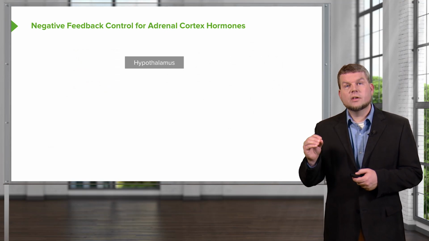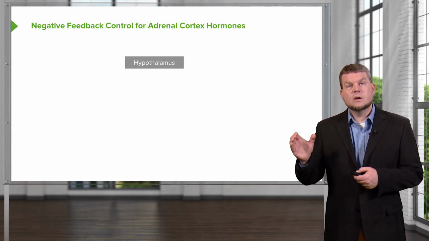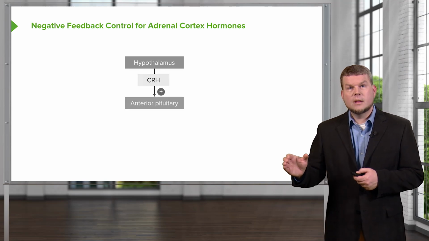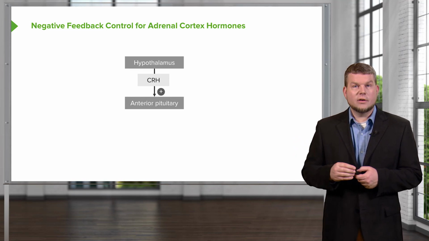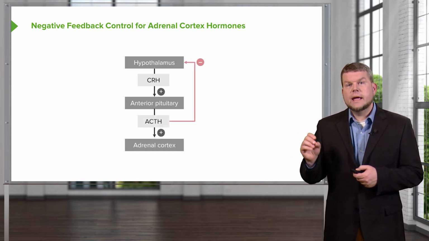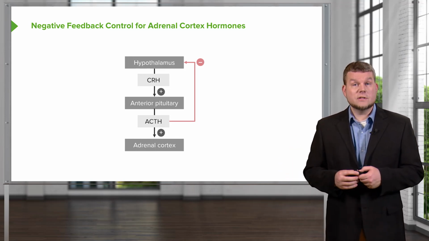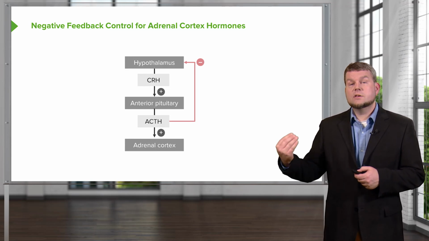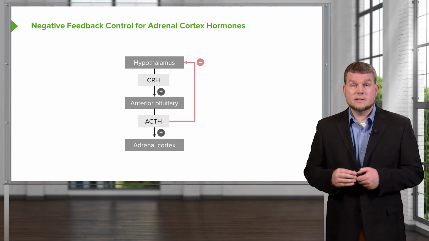How is this process regulated? The hypothalamus releases the hormone CRH, stimulating the anterior pituitary to release ACTH. ACTH has some negative feedback capabilities on its own. It can feed back to the paraventricular nucleus and decrease CRH release.